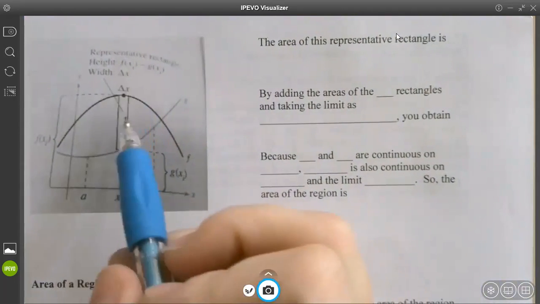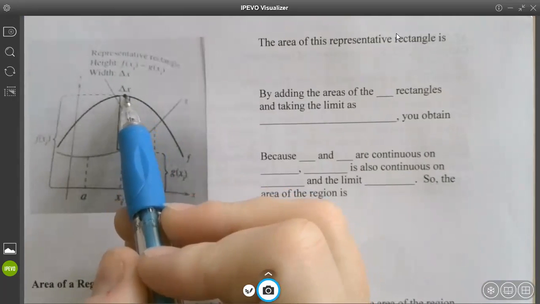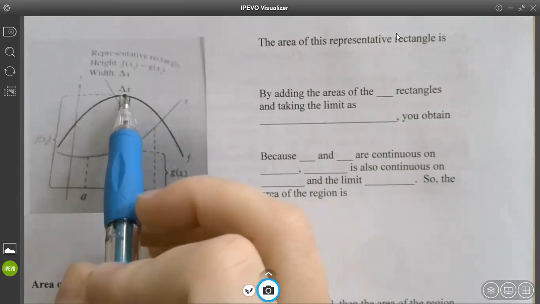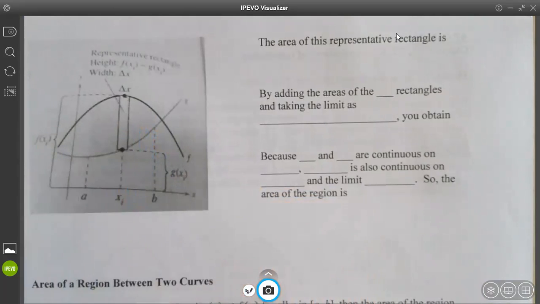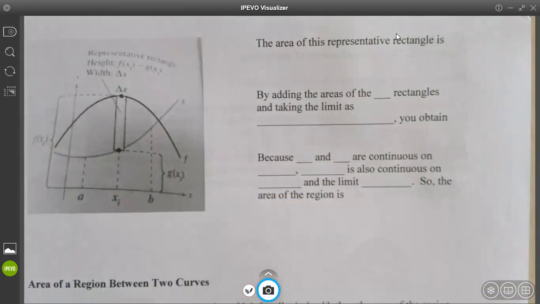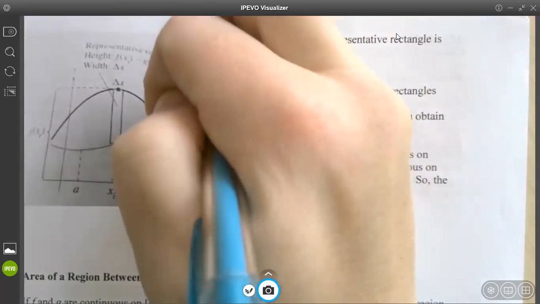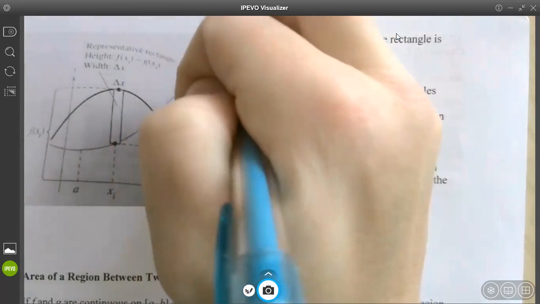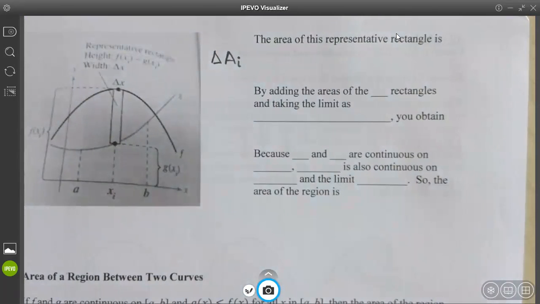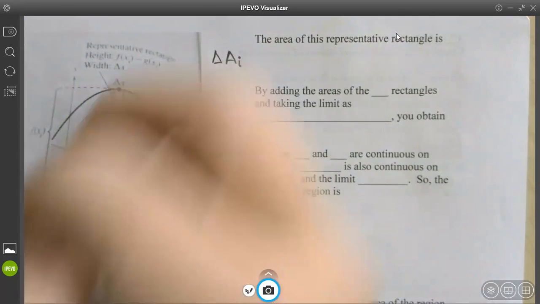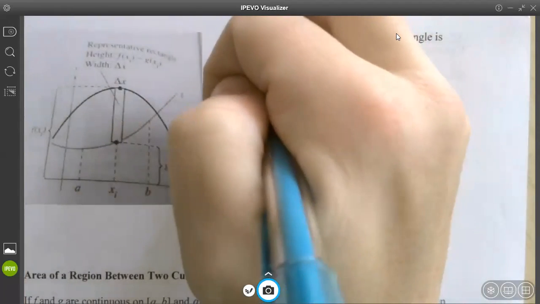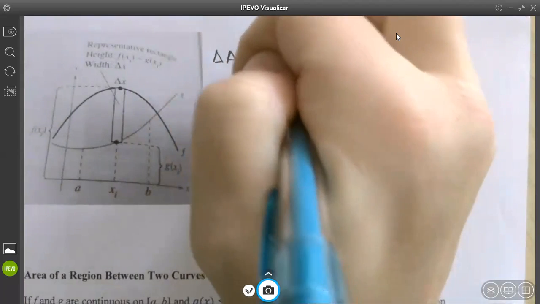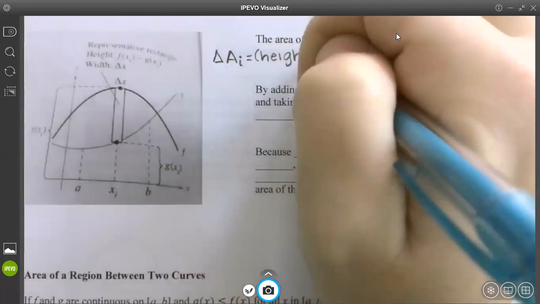So there's your representative rectangle that they're talking about. You're going to go from some point on f of x to some point on g of x, and that will be your height. And then your width is going to be that delta x, whatever you decide that delta x is. So the area of this representative rectangle, delta A sub i, is equal to the height times the width.